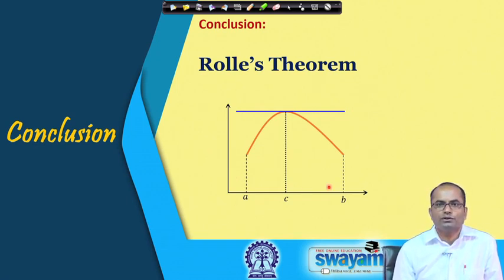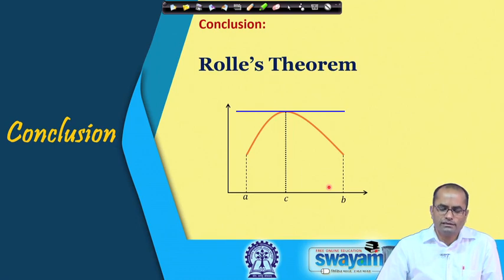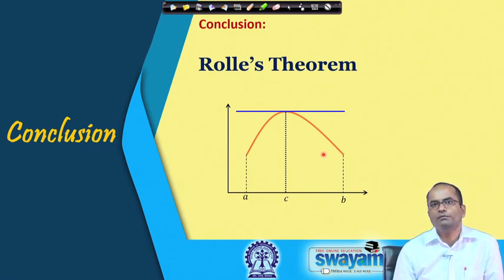This is Rolle's theorem, which is a particular case of the mean value theorem, which we will discuss in the next lecture. Basically the assumption of equal values will be removed, and then we will get more general results, the mean value theorem, the topic of the next lecture.